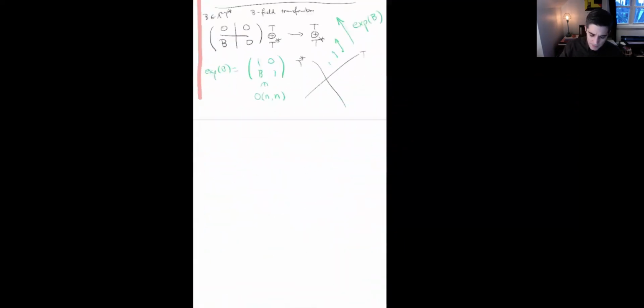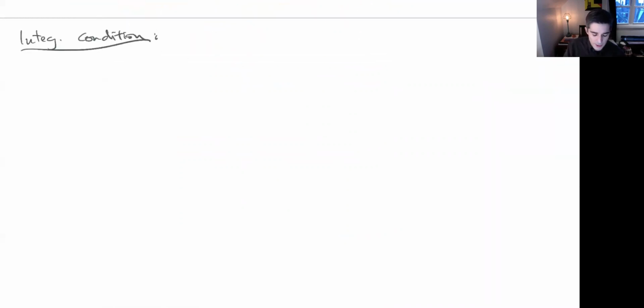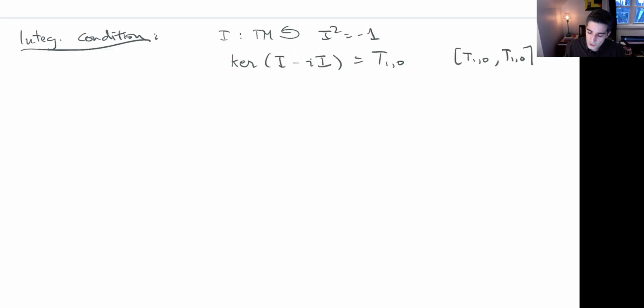Now the second part of the definition is the integrability condition. It is just like in the usual complex structure case. Remember that we had a complex structure I on the tangent bundle, which squares to -1, and we took the plus I eigenspace, called T10, and required that T10 is closed under the Lie bracket.